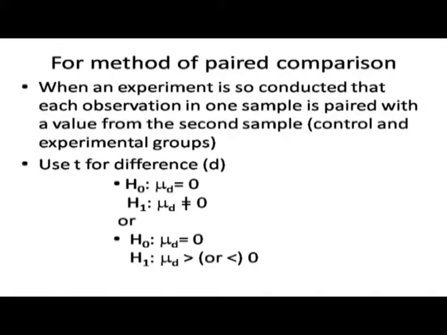After the experiment, the values may have improved or deteriorated. The alternative hypothesis can also be that mu d is greater than 0 or mu d is less than 0. Direction is specified now.